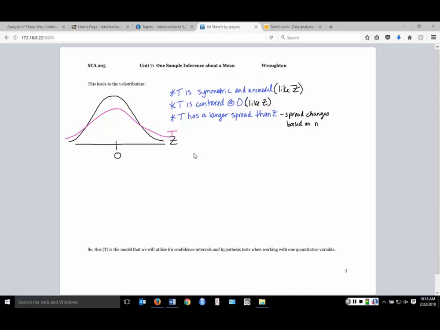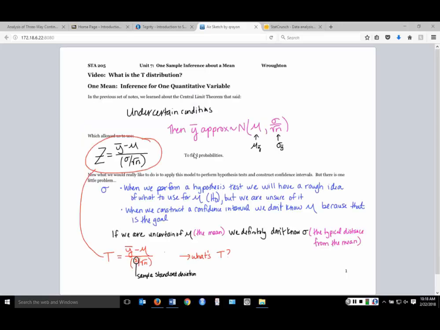I hope that idea makes some sense, because if I go back to my idea of what I'm doing here, right, I'm taking this population standard deviation and I'm replacing it with a sample standard deviation. So this sample standard deviation is coming from my data. So if my data is 5 observations, or if my data is 500 observations, I'm going to trust numbers when my sample size is 500 a lot more than I'm going to trust a number if my sample size is only 5.